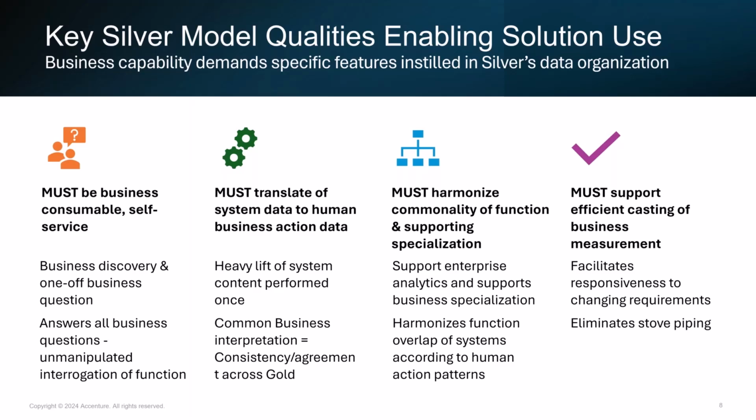right? Or we may never provision because those questions are not asked very often, or the business comes up with just a completely off the wall question that they need a one-time answer to, right? And we see a lot of this from executives.